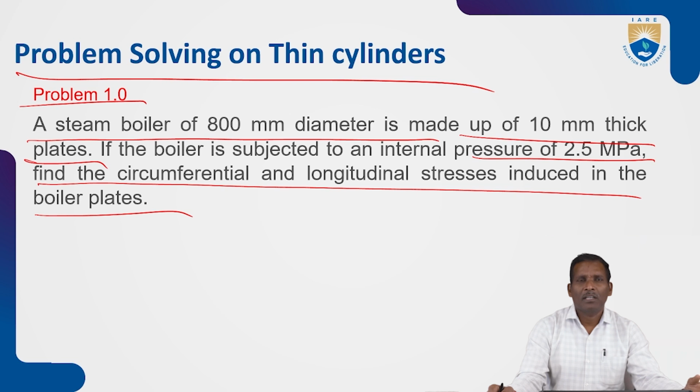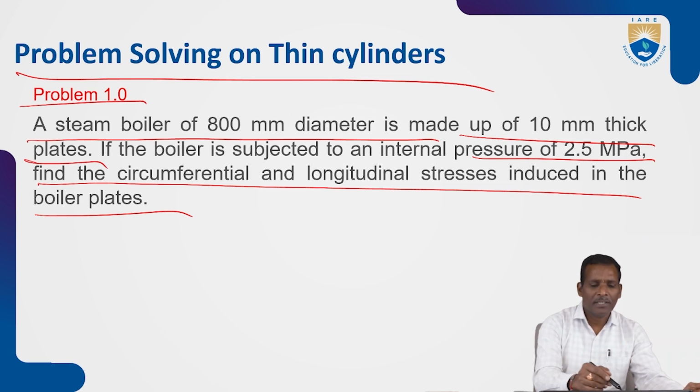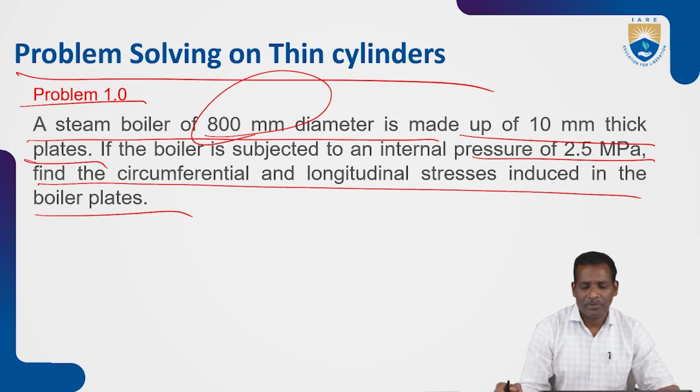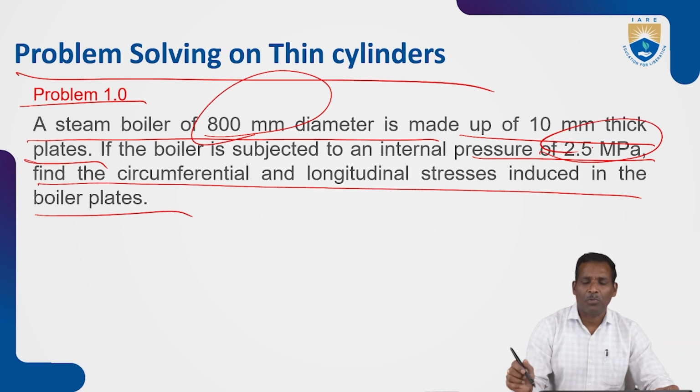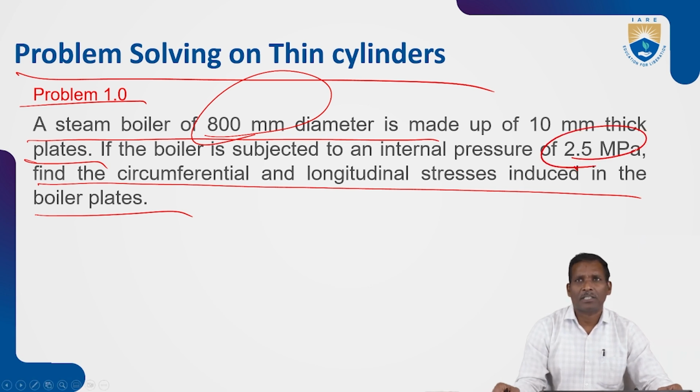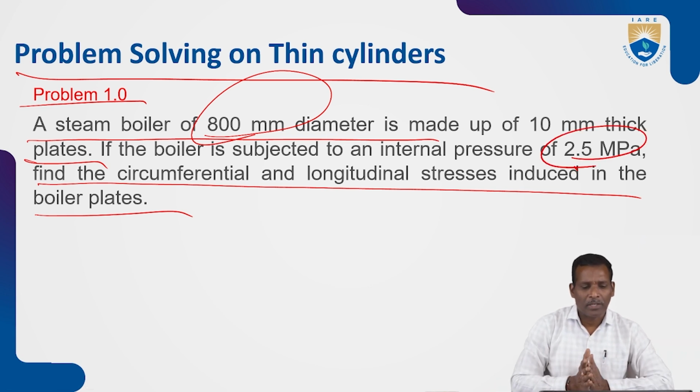The internal diameter is given as 800 mm, and the thickness of the boiler is 10 mm. The internal pressure is 2.5 megapascal.